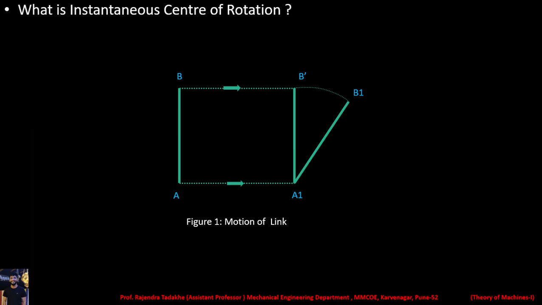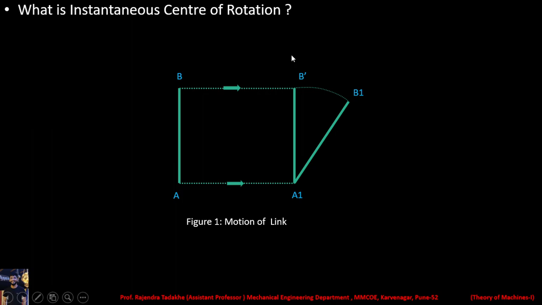The important point to note is that it does not remain constant. It keeps on changing from one instant to the other. So for all the configurations of the mechanism or for all the different positions of the link AB, you will find the different instantaneous center of rotation.